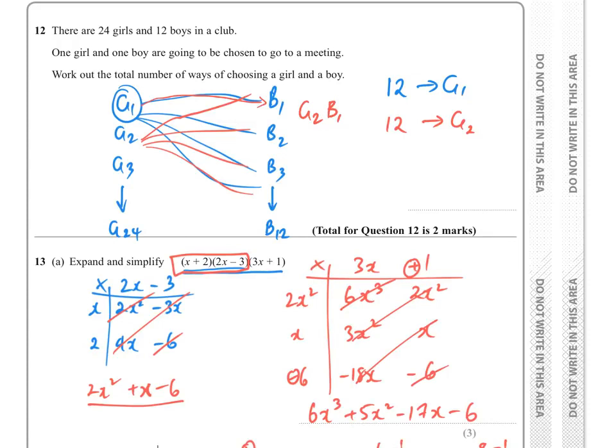So it's not like if you take a bead out of the bag, it's already done, okay? So you're kind of replacing these things, okay? So look at it like that. So basically for each of the 24 girls, they have 12 possible choices, so it's just 24 times 12. So on your calculator you should get 288.